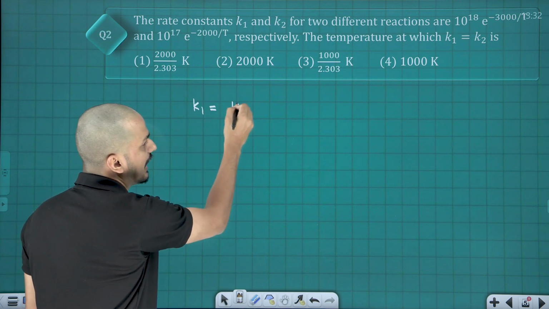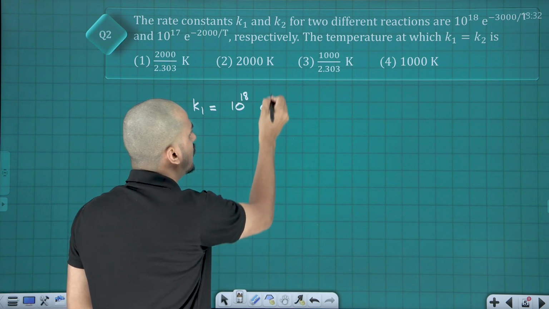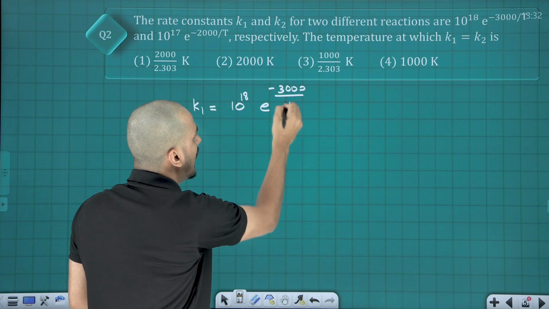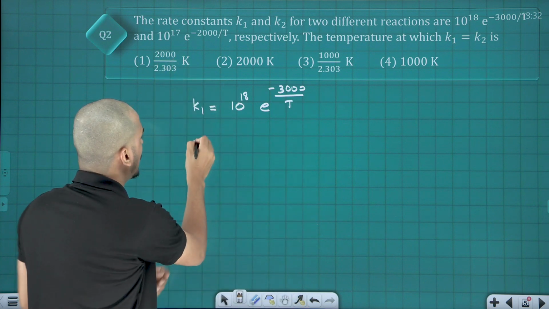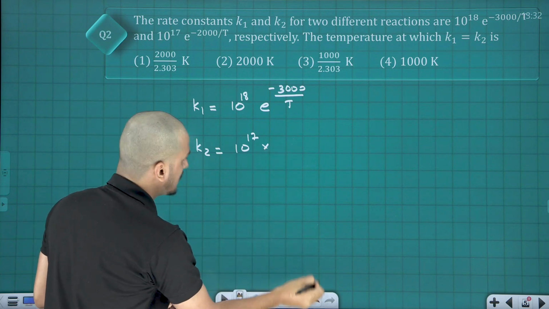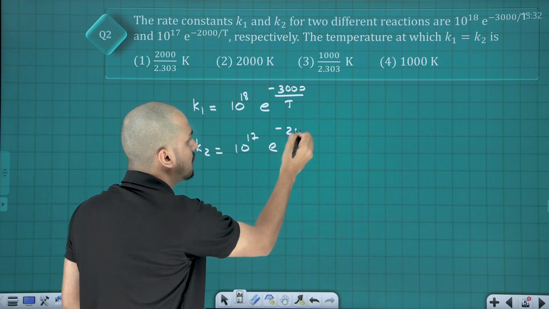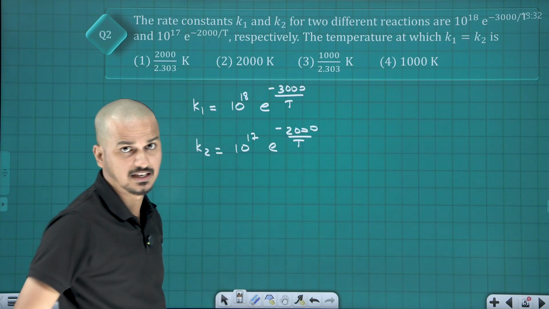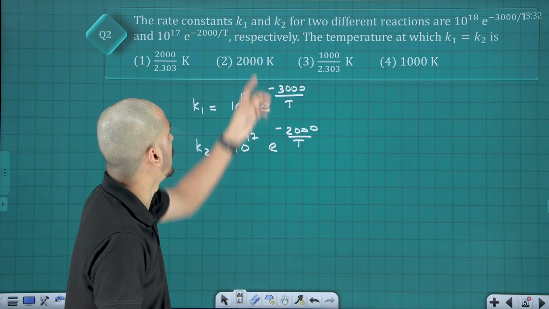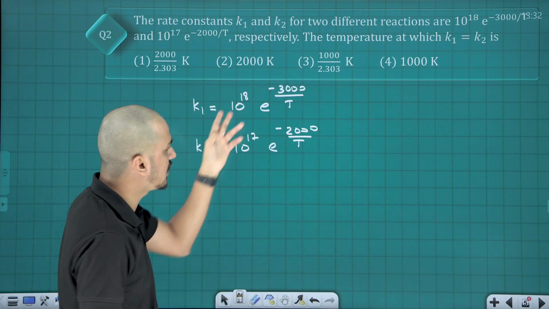K1 is equal to 10 raised to 18 into e raised to minus 3000 by T. And K2 is equal to 10 raised to 17 into e raised to minus 2000 by T. This question is also related to chemical kinetics, the Arrhenius equation. We need the temperature at which K1 equals K2.